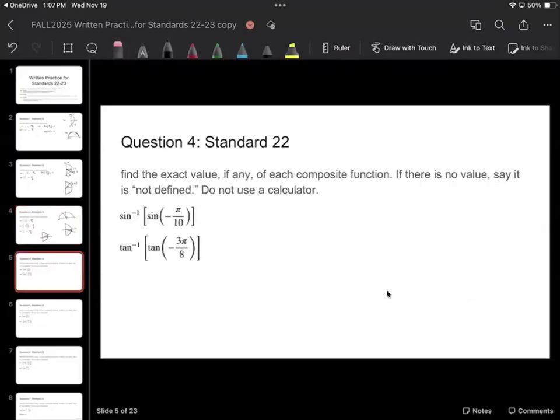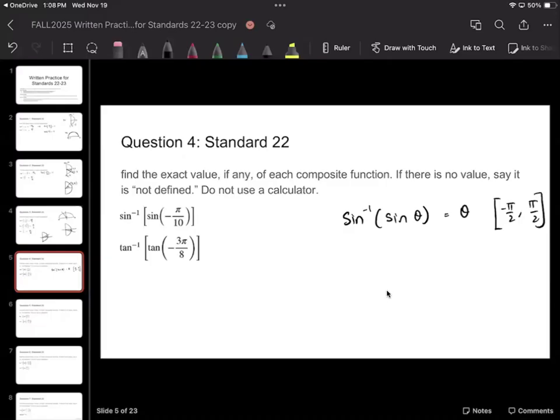So here you're looking at a composite function. Sine inverse is composed with sine, tan inverse is composed with tangent. Now, what does the rule say? The rule says that sine inverse of sine of any angle will be the angle itself, provided your angle is in the interval negative pi over 2 to positive pi over 2, as long as it is in this interval.